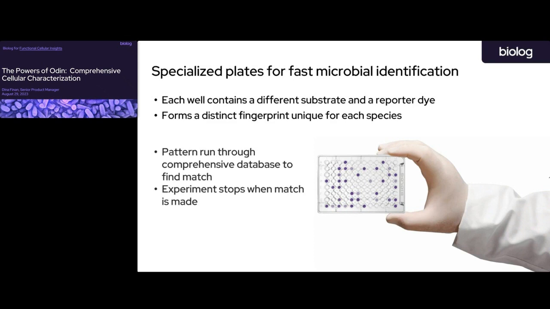And these plates are designed in such a way that each organism at the species level, and sometimes even at the subspecies or strain level, will actually show a unique pattern on this combination of compounds. And so that's essentially like a fingerprint for that organism. So Odin reads the plate, and then at each interval it takes that pattern and tries to match it with something in our database, and it just keeps going until it's able to find a match.